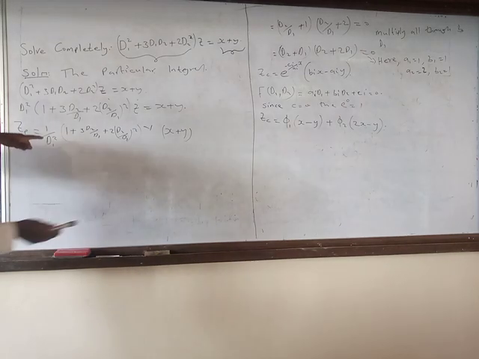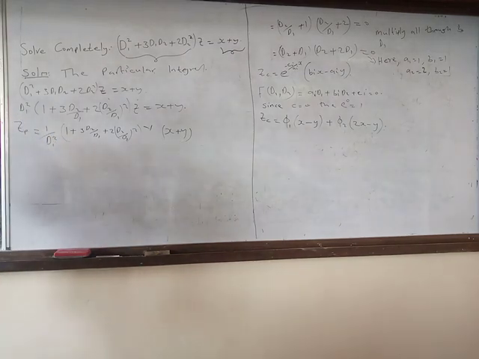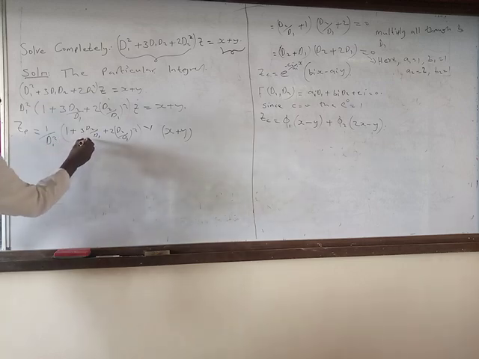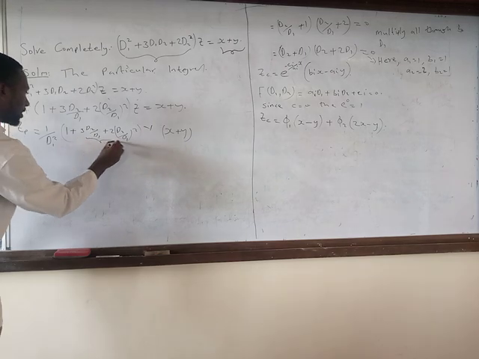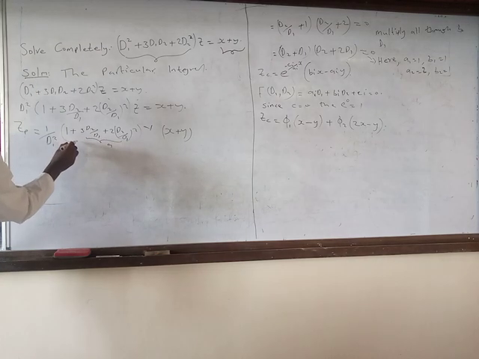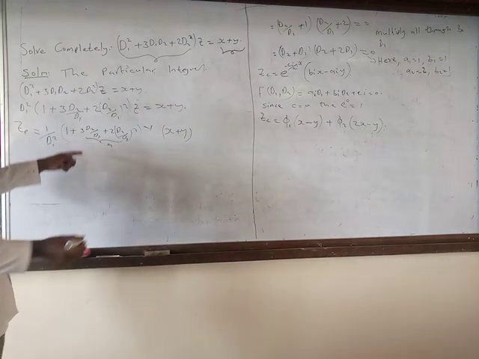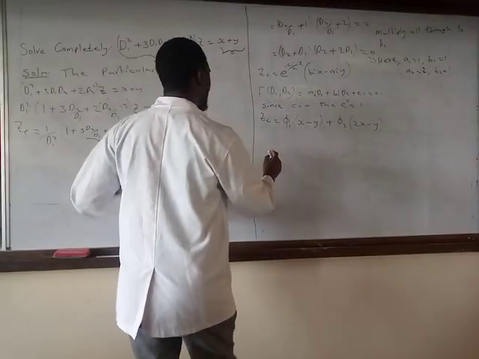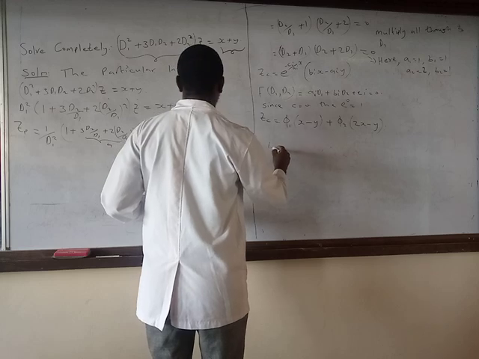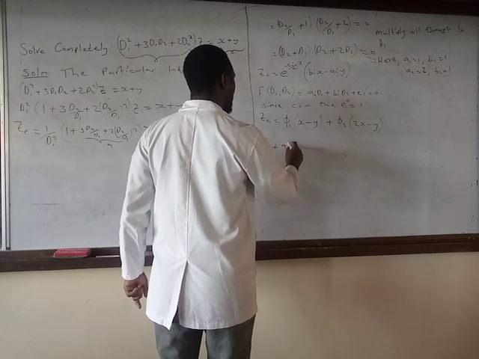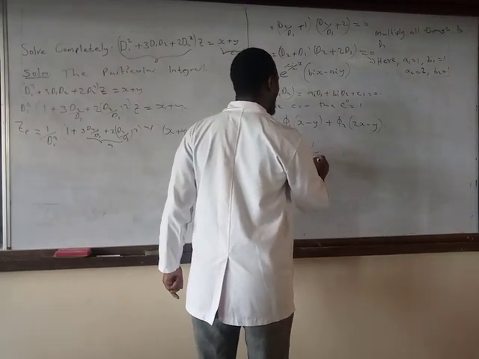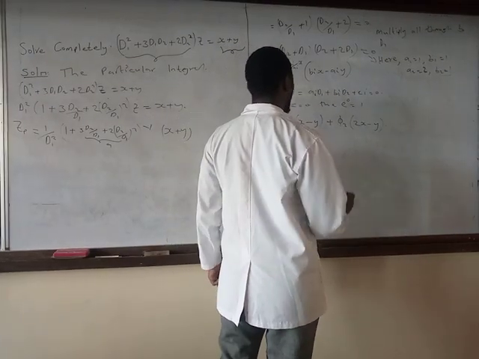Now we can open up this one. If you note this one, let this one be a. So if this one is a, we have this concept (1 + a)^-1. This is the same as saying 1 over 1 plus a.